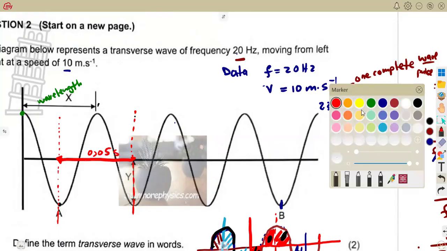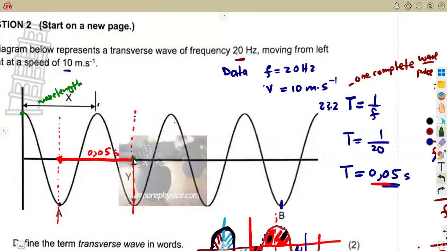So moving from this point, because we remember here, we are focused on the throw. From one throw to another throw, we have got another complete cycle, which is 0.05 seconds again. We are going to have the same thing again from this throw to this throw, so there we are going to have another 0.05. That is the condition of the period.